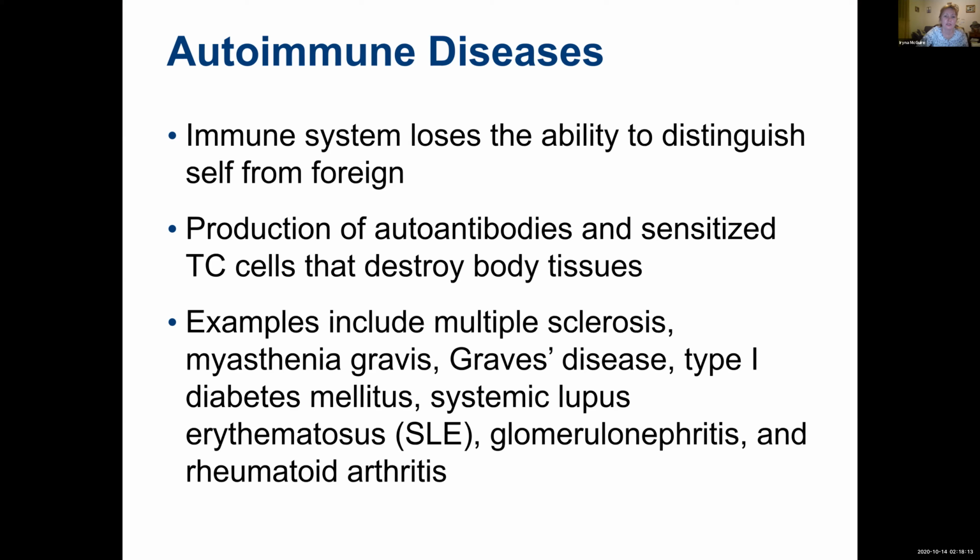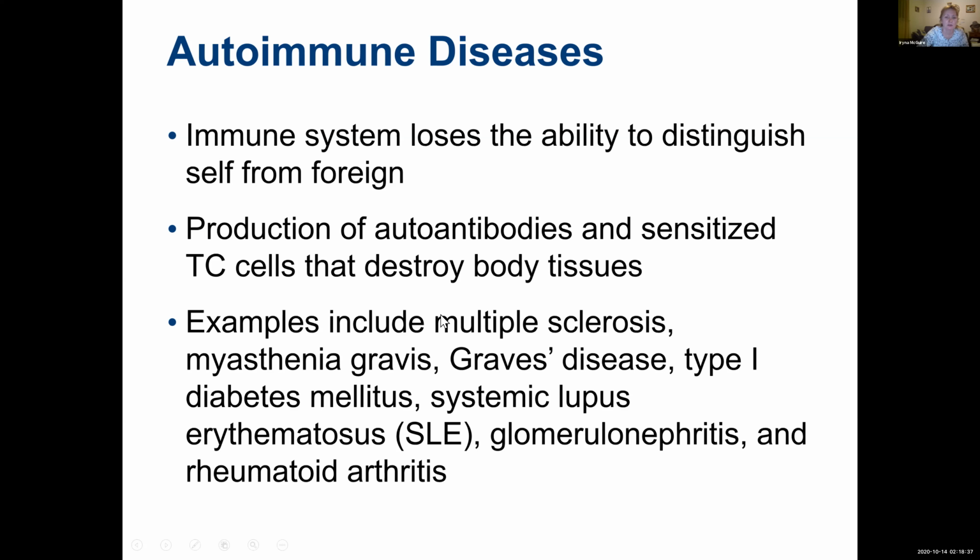Now, autoimmune diseases are diseases of your immune system, when your immune system loses the ability to distinguish self from foreign, and it synthesizes T cells that destroy your body tissues, or it can even be antibodies that bind to your own cells.